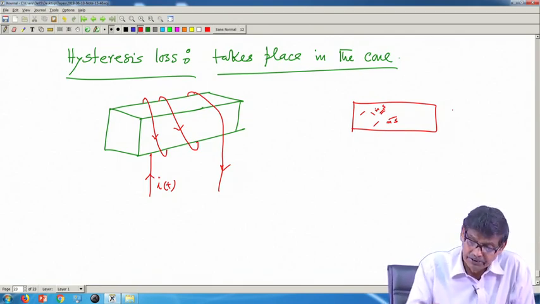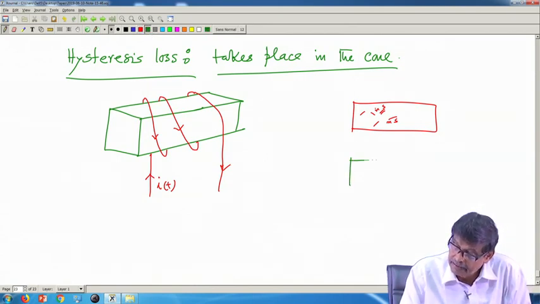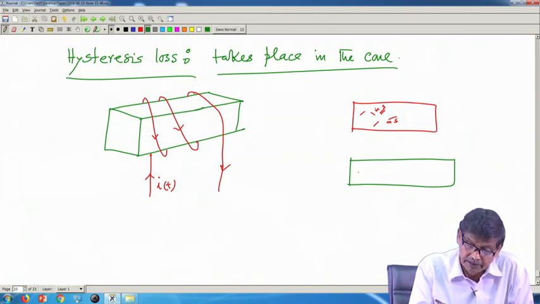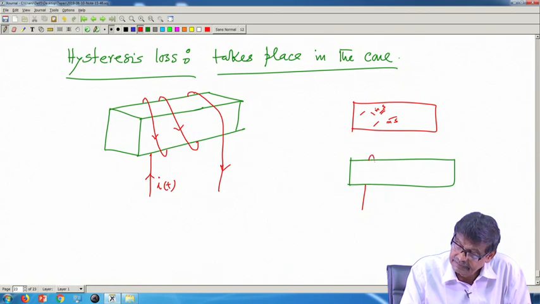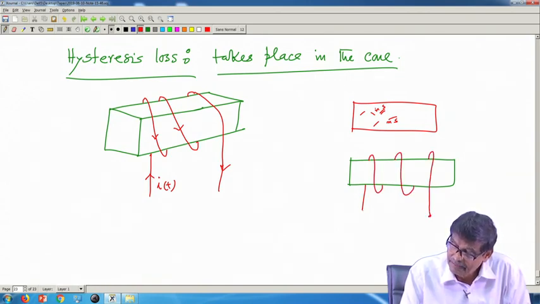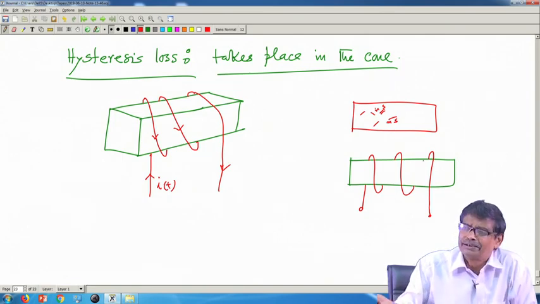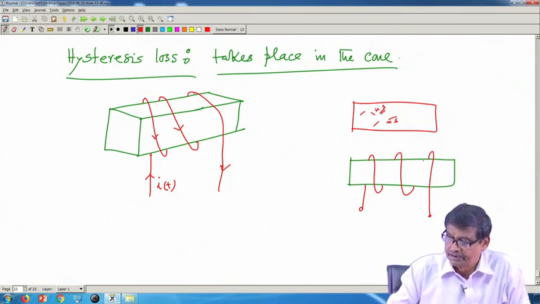So, the moment you apply some current, I will draw now a sectional diagram. Inside this there are tiny magnets which are haphazardly oriented and we do not see any magnetism in it.